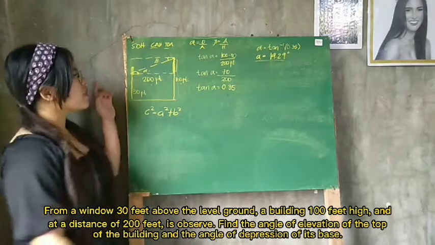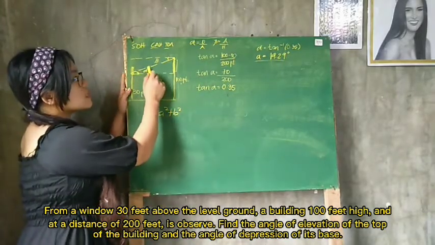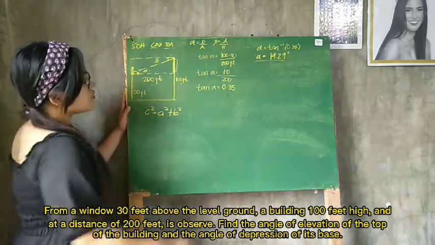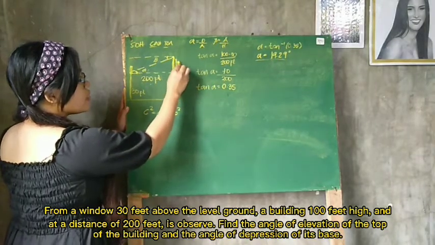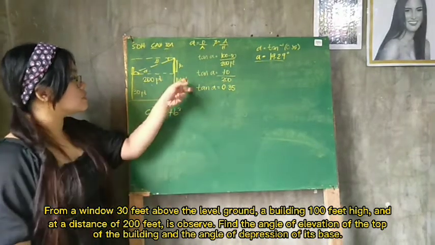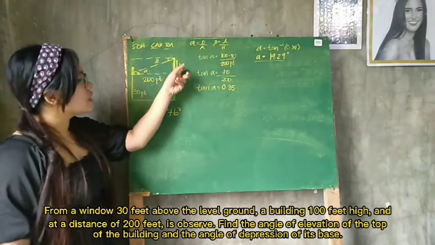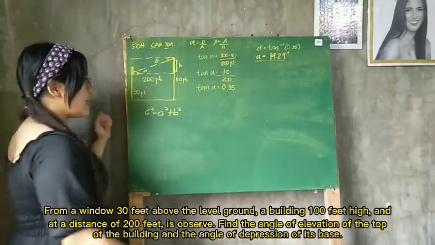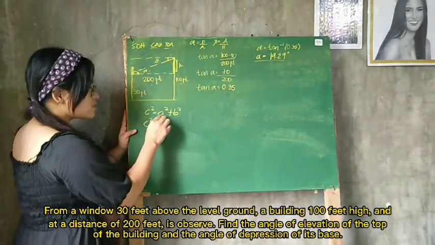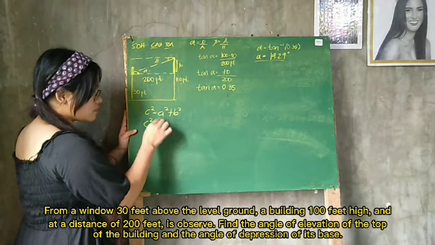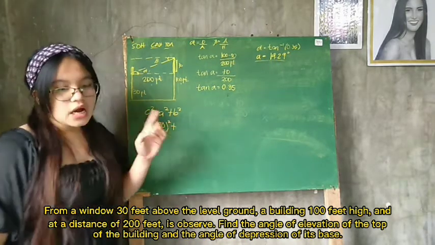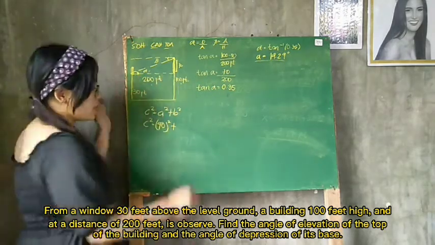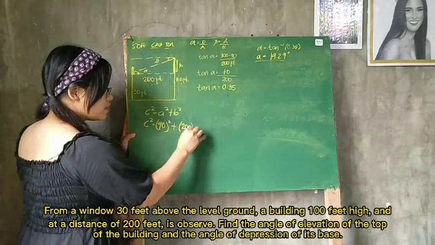Your c squared here is the hypotenuse, and the 70 feet is here, because it is 100 minus 30. So this side, from the line of sight of the window to the top of the building, is 70 feet high. So a squared is 70 squared, plus b squared, which is the 200 feet on this side of the triangle, so 200 feet squared.